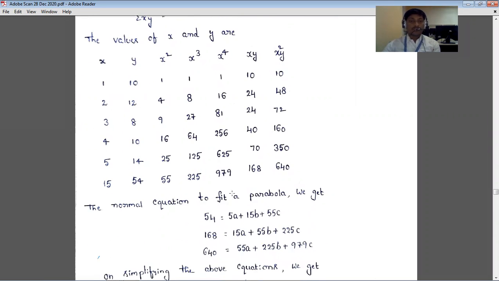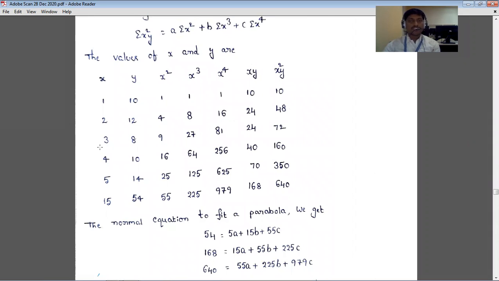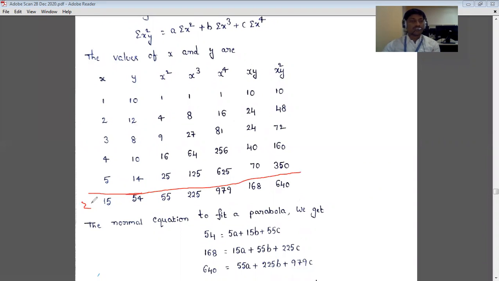These are the summations, obtained just by adding all these values: summation x, summation y, summation x square, summation x cube, summation x power 4, summation xy, and summation x square y. So these are the values we got.